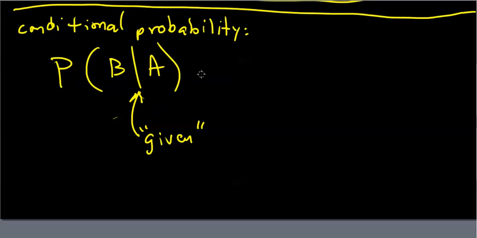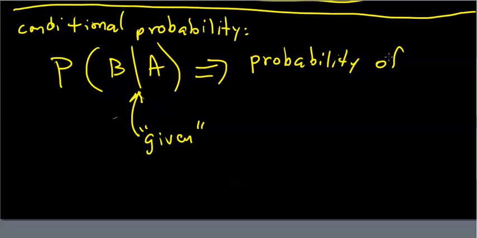Alright, so let me write that out in words. This group of symbols represents the probability of B given A. That's just how you read it from left to right.